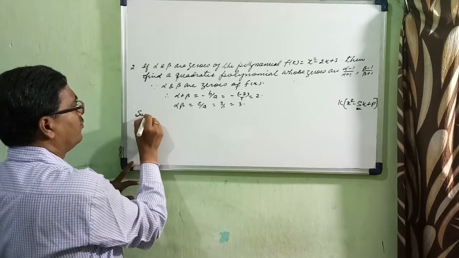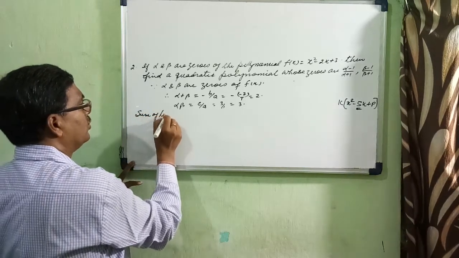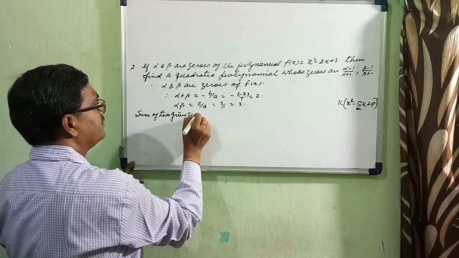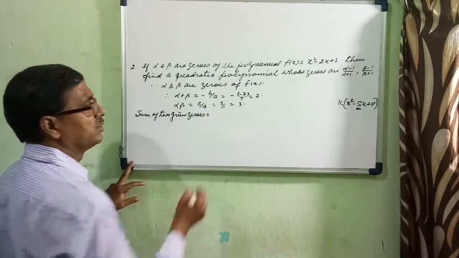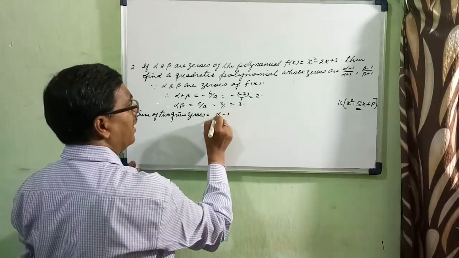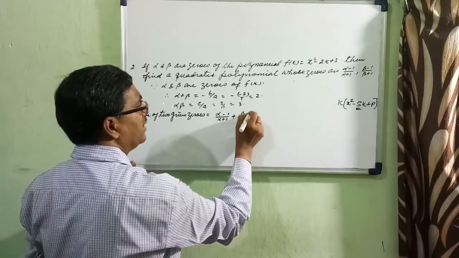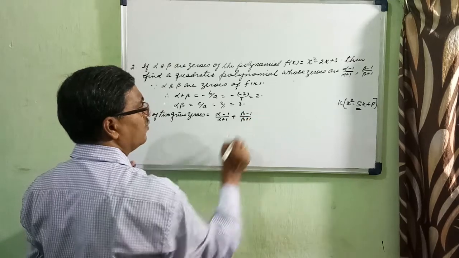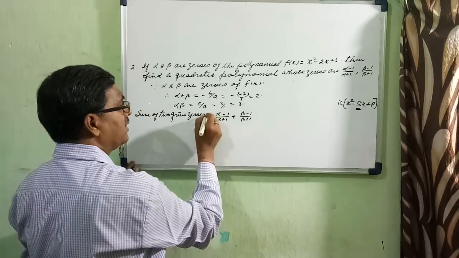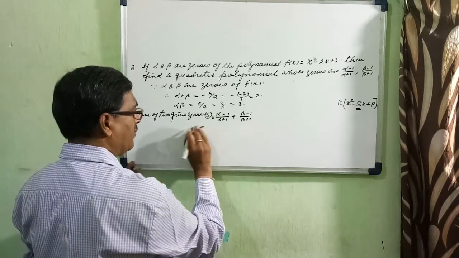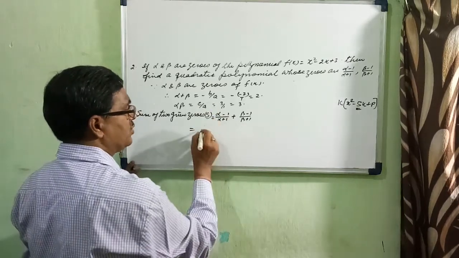Sum of two given zeros is equal to alpha minus 1 by alpha plus 1 plus beta minus 1 by beta plus 1. And you can say here that is your S. Let us simplify, and then only we will substitute.